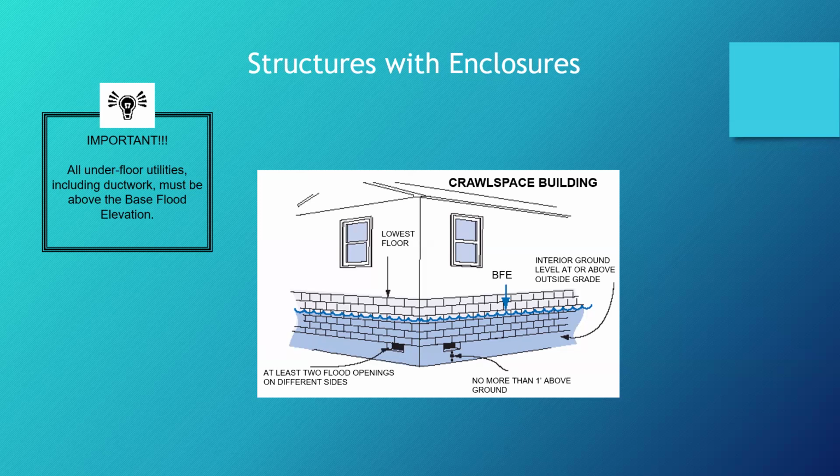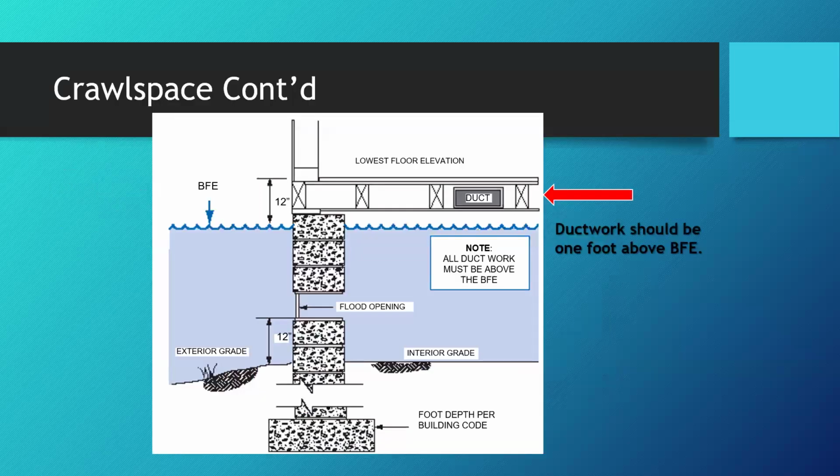It's just a handy desk reference for floodplain administrators. But the flood openings, again, help relieve the pressure and stabilize that to prevent it from collapsing. Same thing here, another diagram showing you that, and also that ductwork underneath the floor is considered machinery and equipment, and it also needs to be elevated above the base flood elevation.